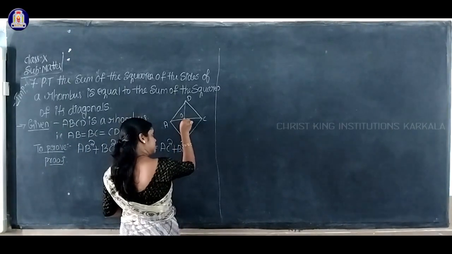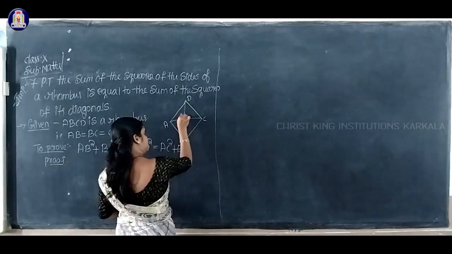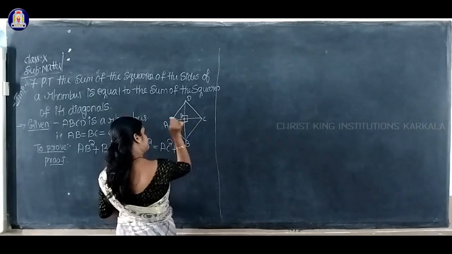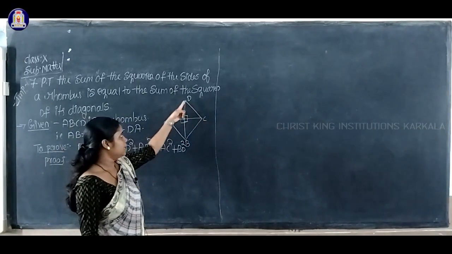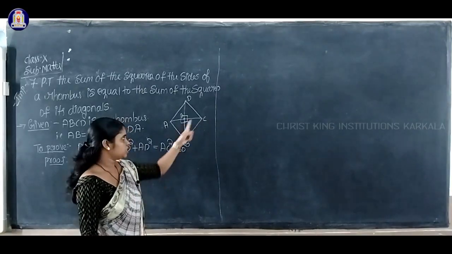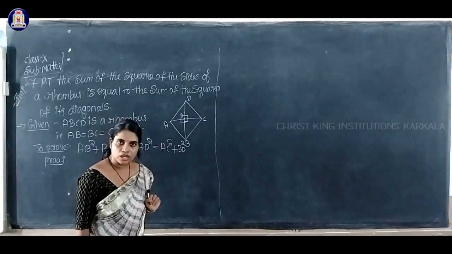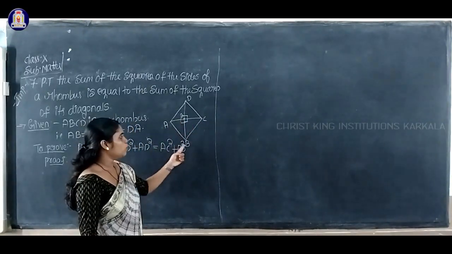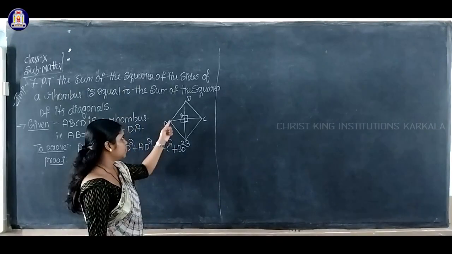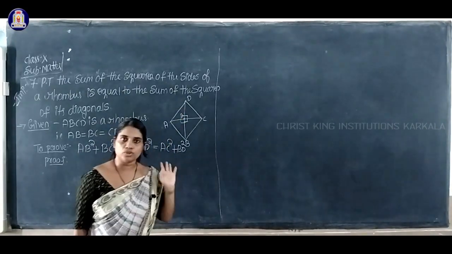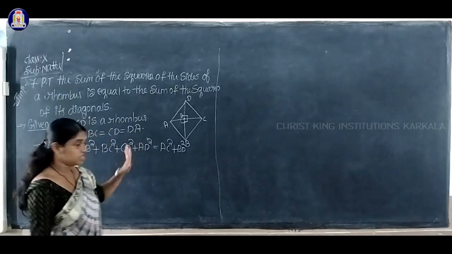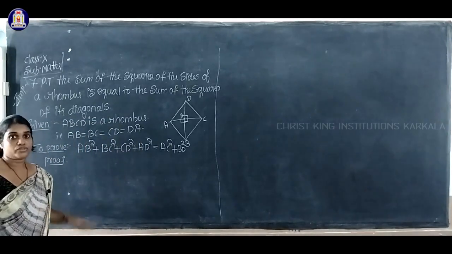That means this is 90 degrees, this is 90 degrees, this is 90 degrees, this is 90 degrees. Angle DOC equal to 90 degrees, angle COB equal to 90 degrees, angle AOB also equal to 90 degrees, angle AOD equal to 90 degrees. Understood? So this is according to the property of a rhombus.